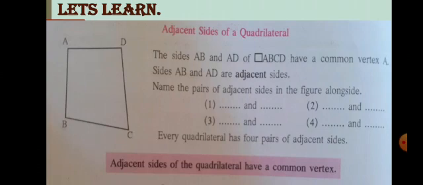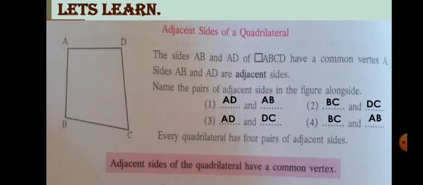So here we will write the pairs of adjacent sides from the figure. The first is AD and AB. Here A is common. Second is BC and DC. Here C is common. Third, AD and DC. Fourth, BC and AB. Now you can see one thing, each side is repeated twice.